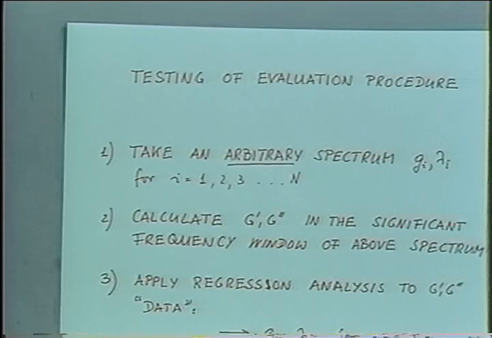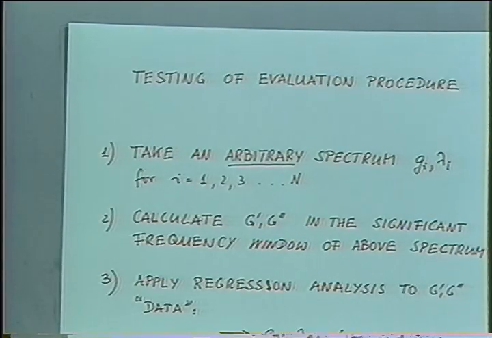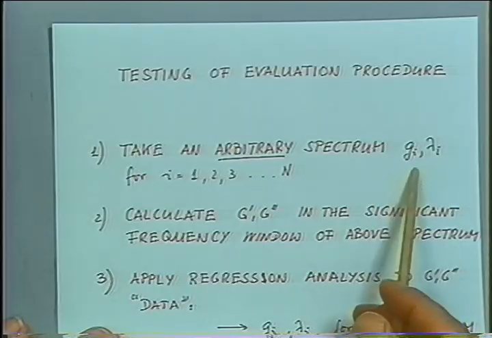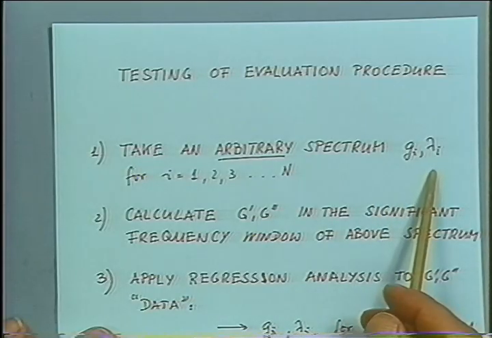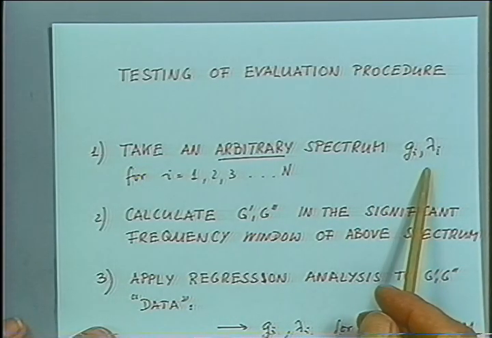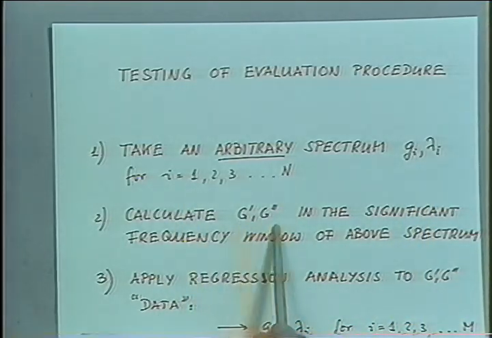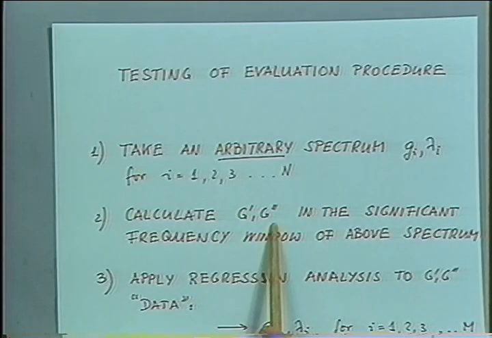We could evaluate our procedure now by doing the following. We take an arbitrary spectrum, a spectrum where we know G_i and lambda_i's. We take those for n modes, and we calculate G prime, G double prime. And there's no noise on the data. This would be a perfect data set. It would be unrealistic, but it would be an ideal data set.